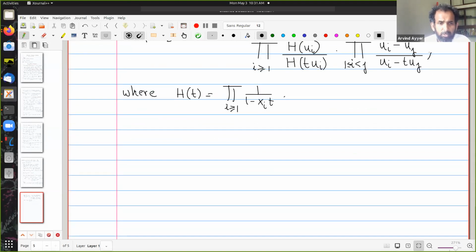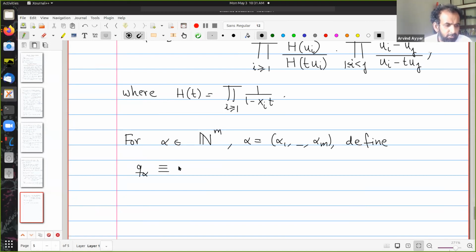Okay. So now for a weak composition alpha, a sequence of non-negative integers, writing alpha as alpha 1 up to alpha m, define q alpha, which depends on x and t, to be the product over i greater than or equal to 1 of q alpha i of x, t.